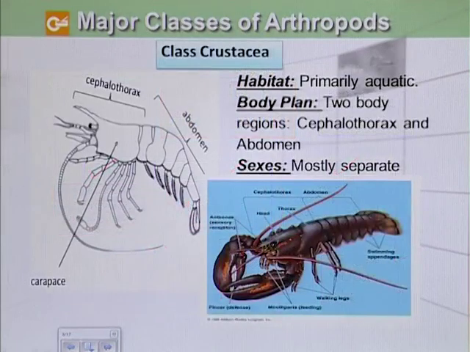So starting with class Crustacea, they are primarily aquatic, and they have two body regions. Number one is the cephalothorax. Their head and thorax are joined here, so it is known as a cephalothorax. And then the second region is the abdomen, and their sexes are mostly separate.